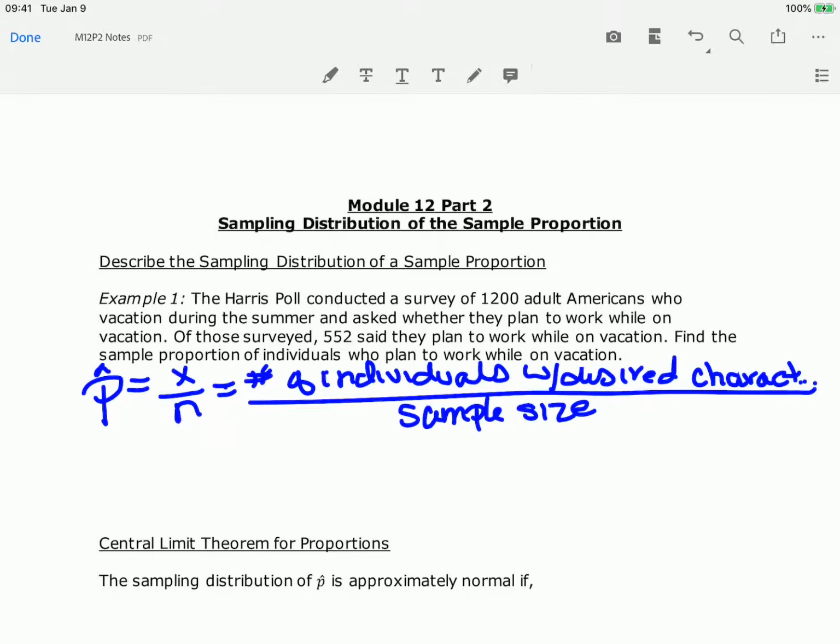You can also look at it like a binomial, where x is the number of successes and n is your sample size, or the number of trials.